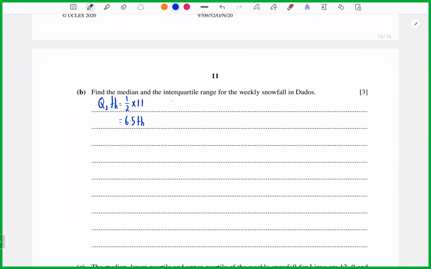So we can take here Q2. Because it's at the 7th part, it's 15 cm.